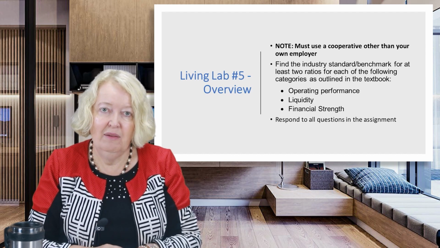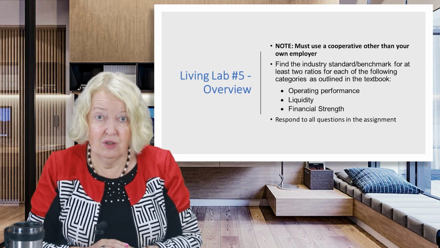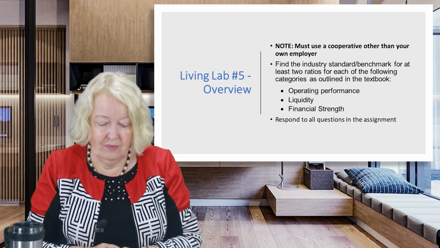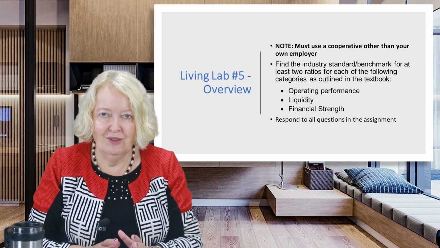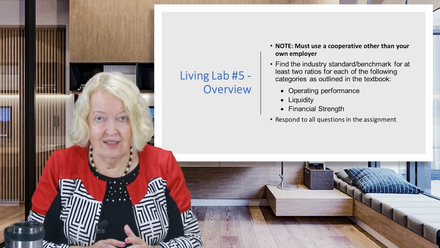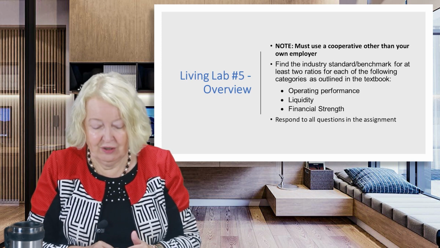For Living Lab number 5, you are required to use a cooperative other than your own. You're going to see how well you can use the tools, the ratios, etc., in the module to look at a set of financial statements that you're not familiar with, to see if you can figure out what they're telling you.